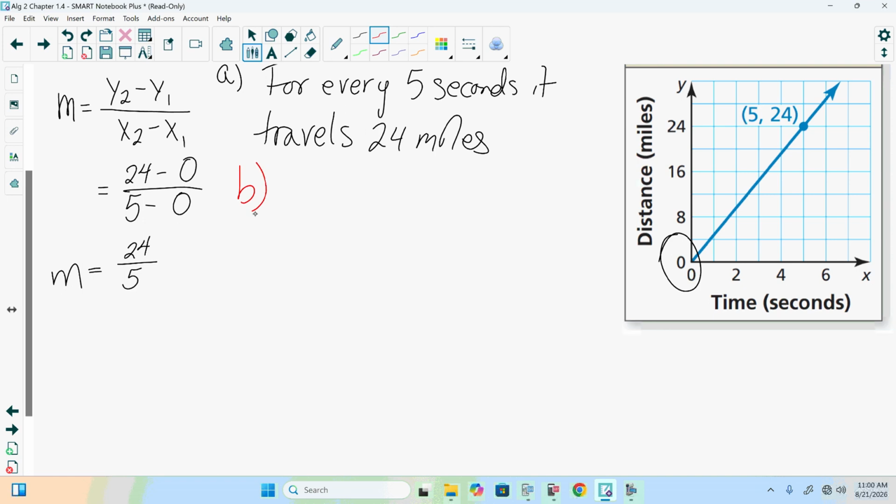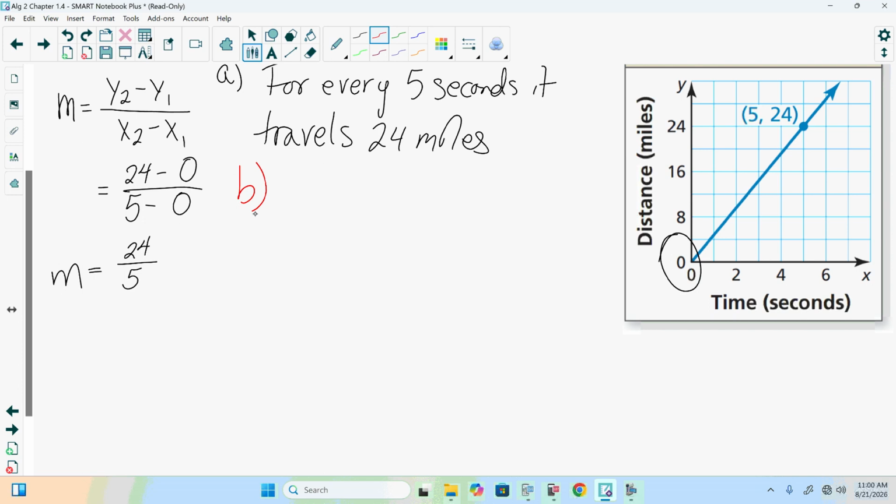Now we need to find the equation of the line. Now, we have two equations, yes? y equals mx plus b, and y minus y1 equals m times x minus x1. My big differentiation between which one I use is, do we know what the y-intercept is? Do we know what the value of y is when it crosses the y-axis?